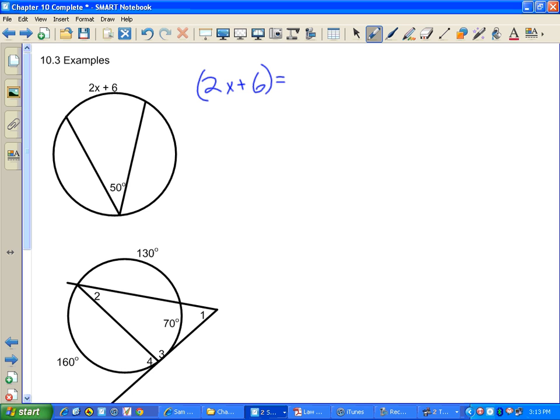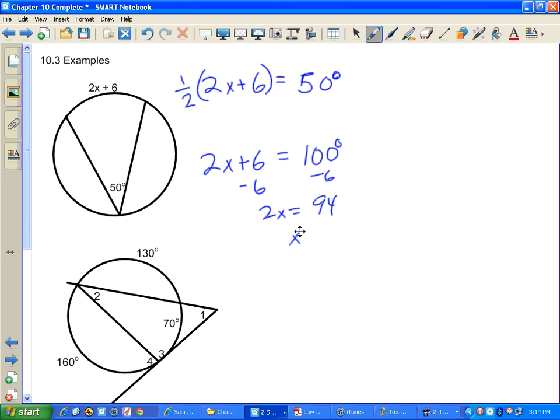I could say half of the arc equals the inscribed angle, or I could say the arc equals twice as much as the angle. Either one's going to get you the same answer, okay? So if we just subtract 6, I get 2x equals 94, so x would be 47.